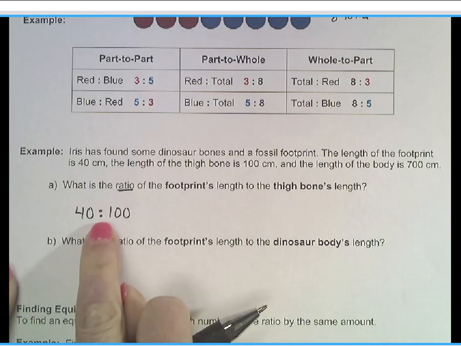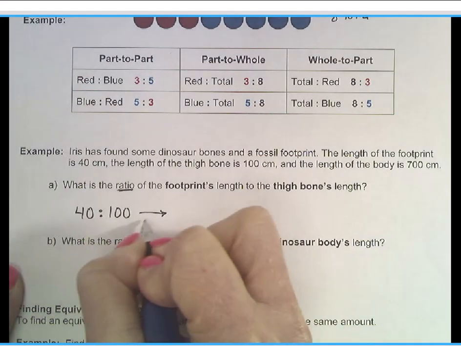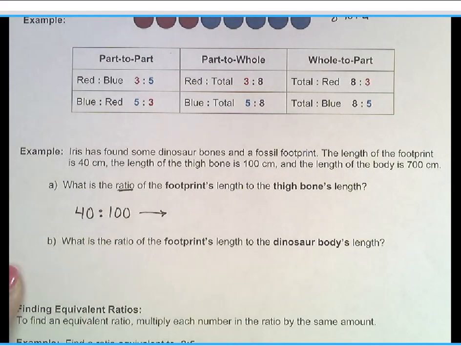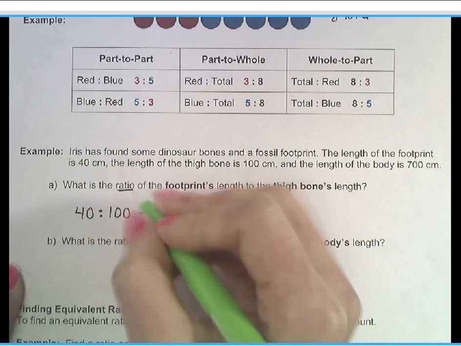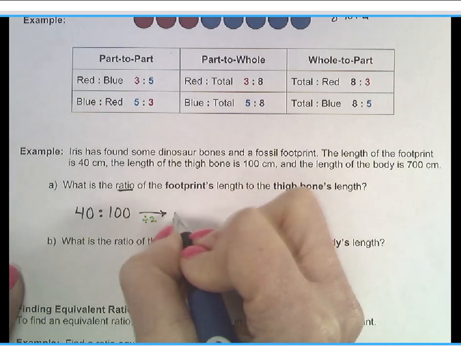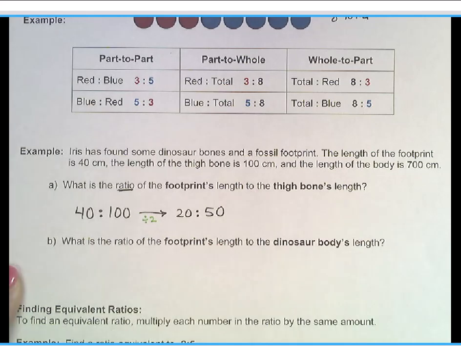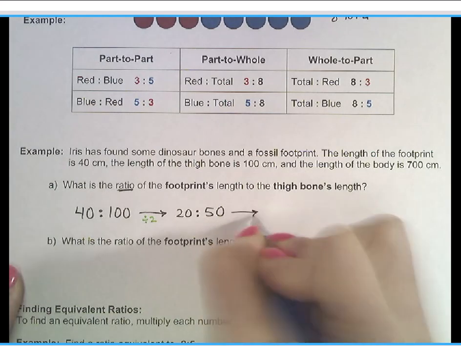But just like fractions, these can be reduced. So if I were to divide everything by maybe 2, if I divide by 2, they're both even, right? I could say 20 to 50. And that would say the same thing. 20 to 50 is the same thing as 40 to 100. But you know what? I could further reduce those.